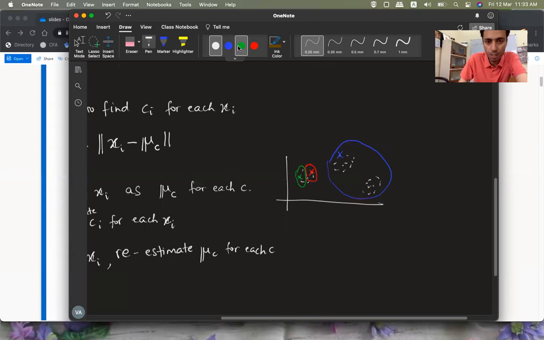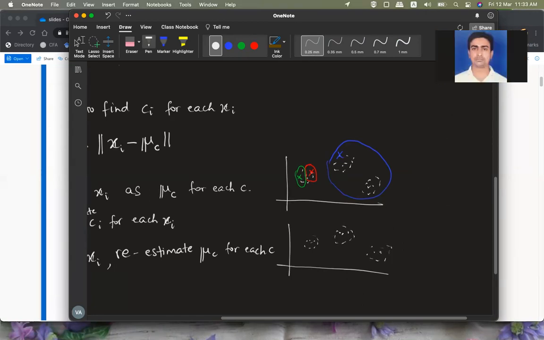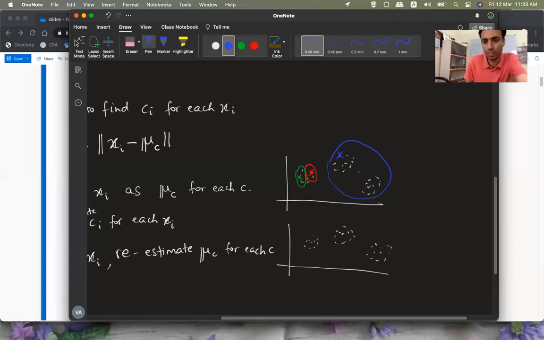Now, where will the new centroid be? This centroid will move to the center, right? It will be somewhere here. The red one will be somewhere here. The green one will be somewhere here.